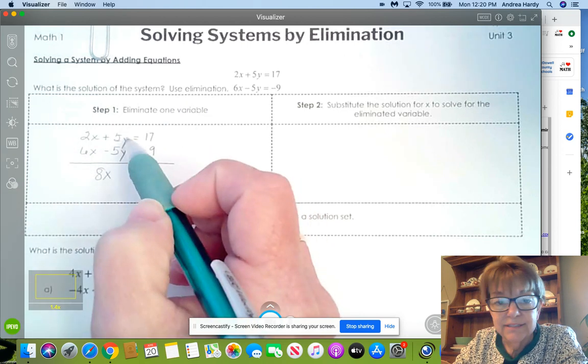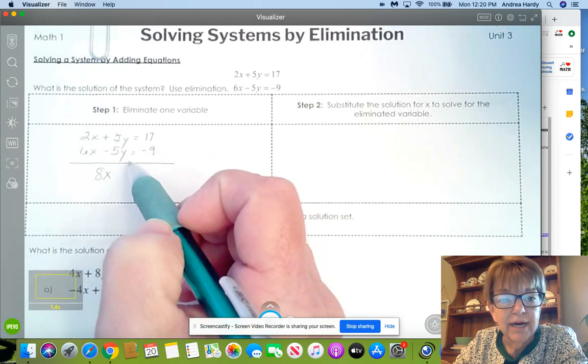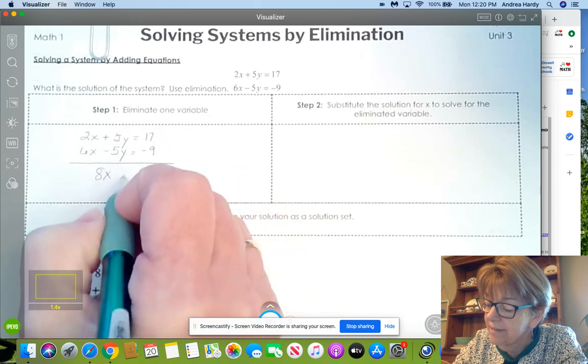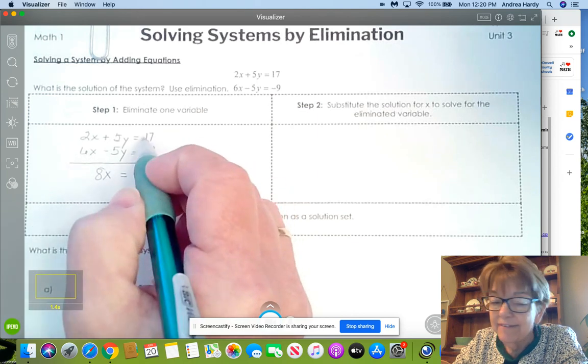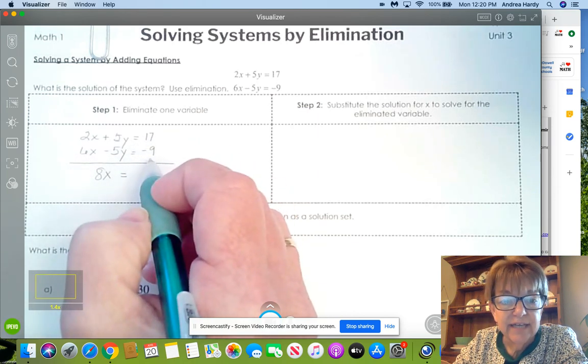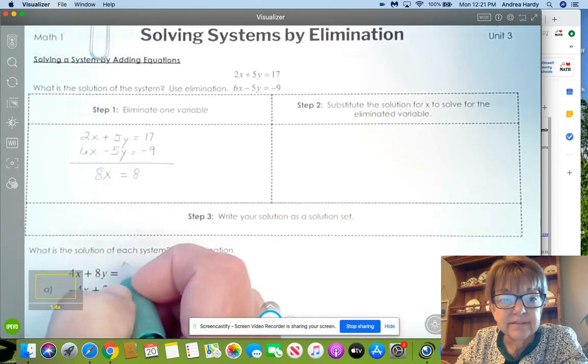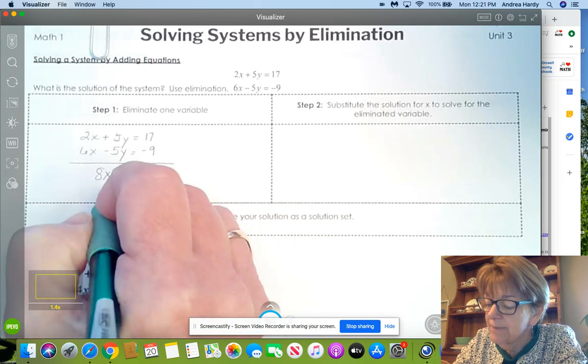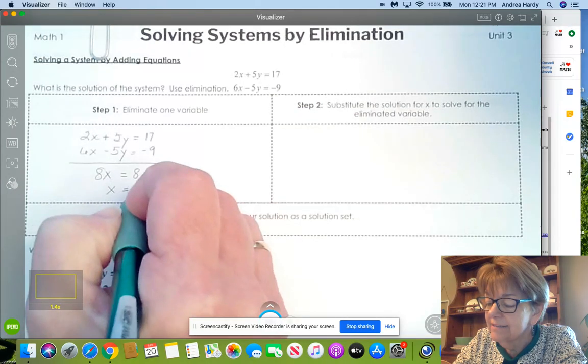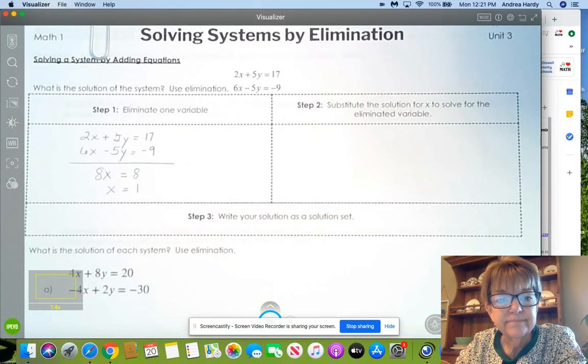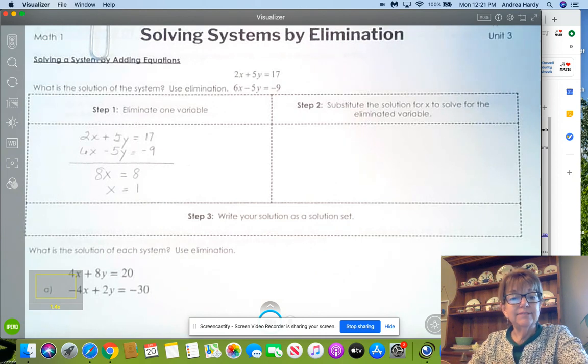I have a positive 5y, a negative 5y, it's gone. Over here, I have a 17 and a negative 9. When I add those together, I have 8. Divide both sides by 8, and I have that x is equal to 1.